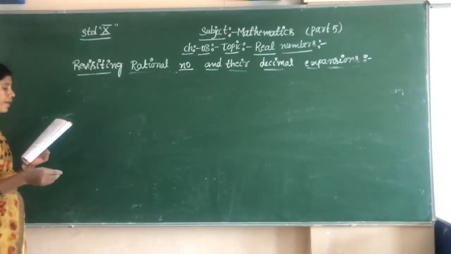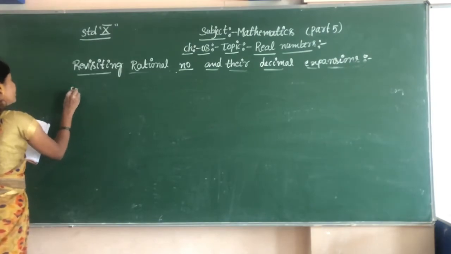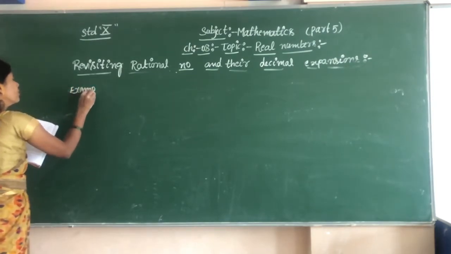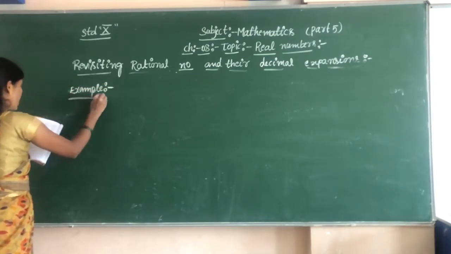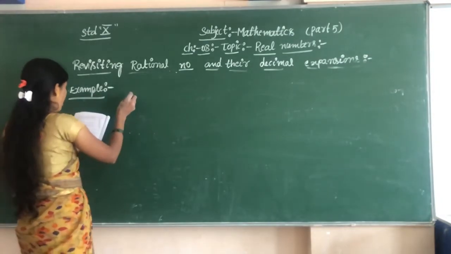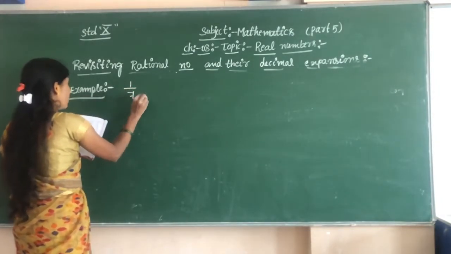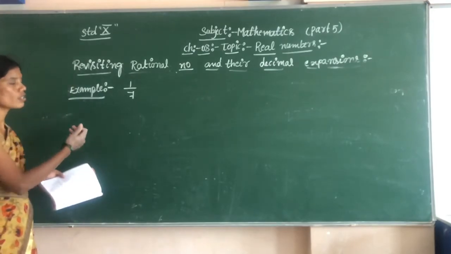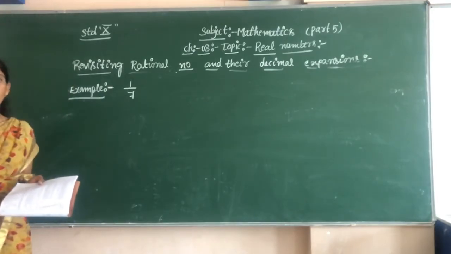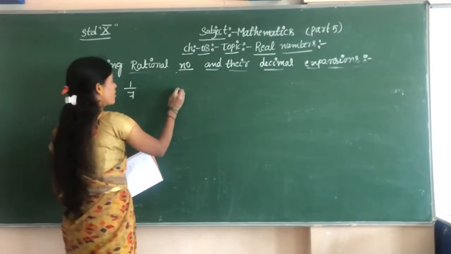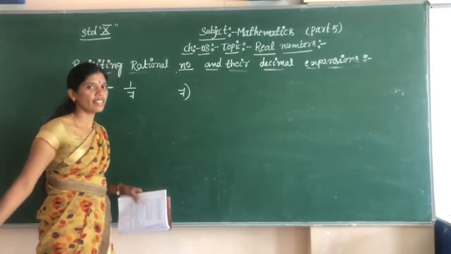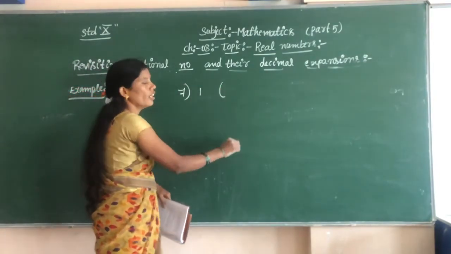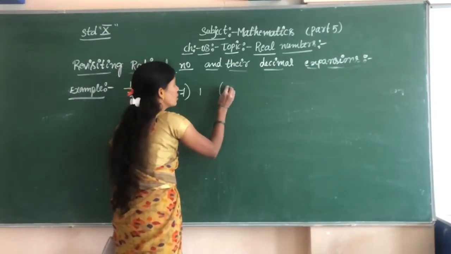So you see the example 1 by 7. How to do this one? This is using the division method. 7 is the divisor, 1 is the dividend. So you should put the decimal point.